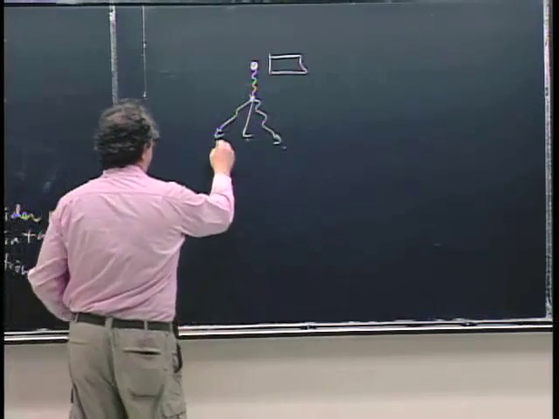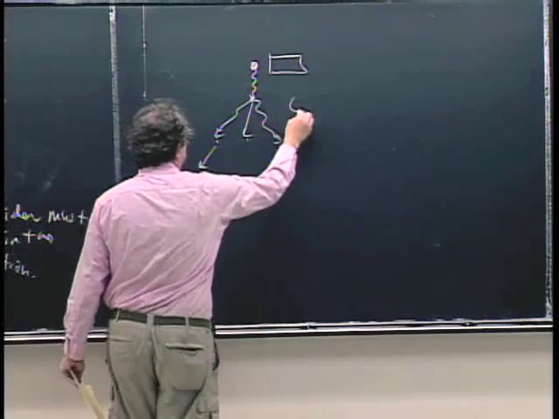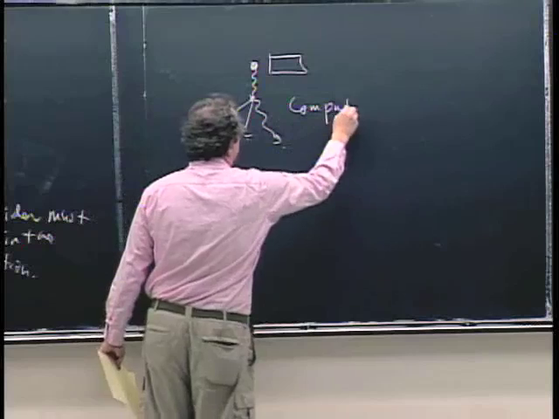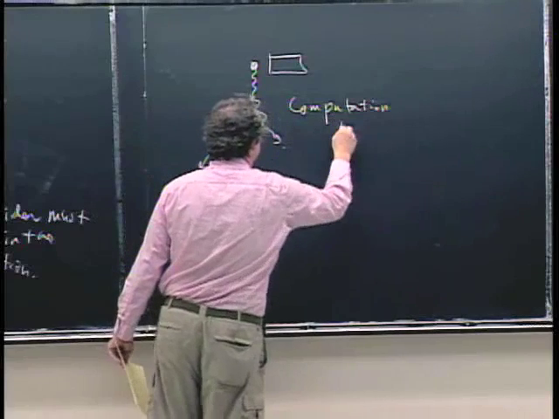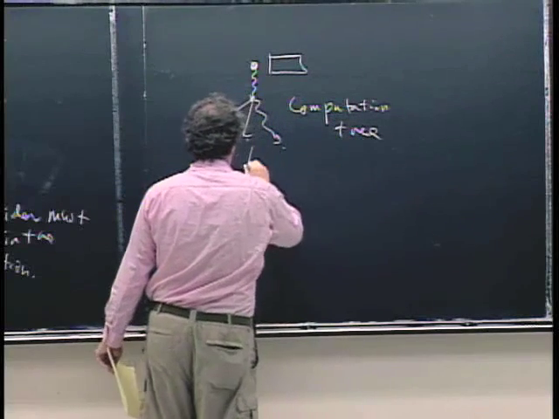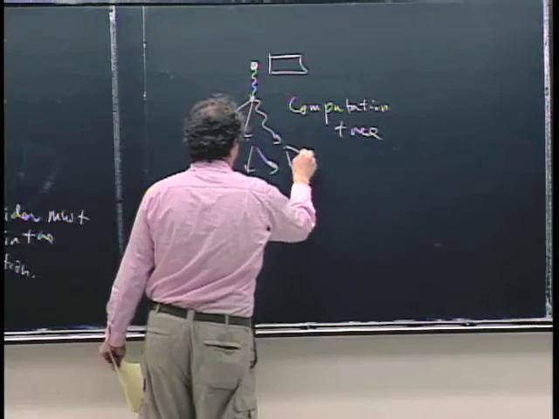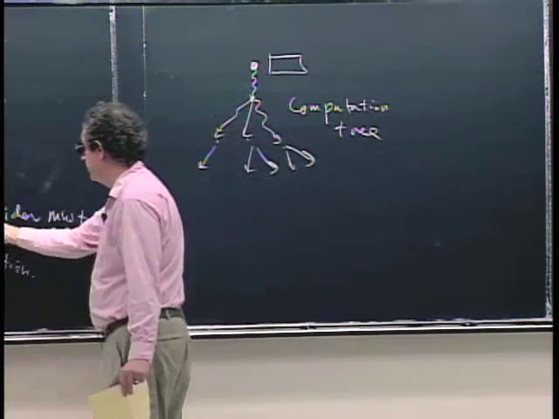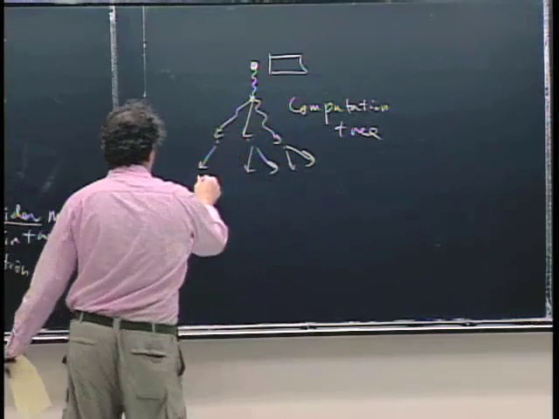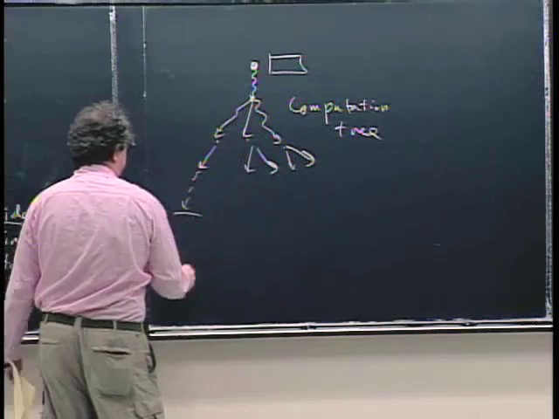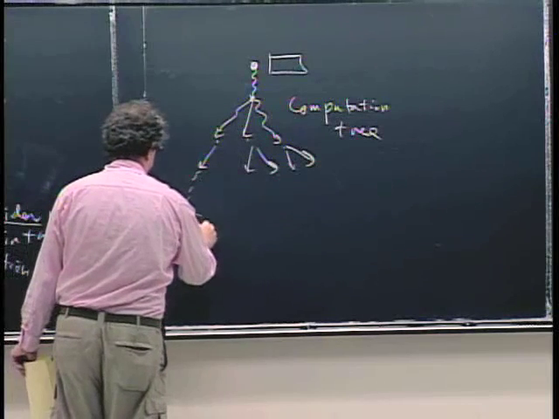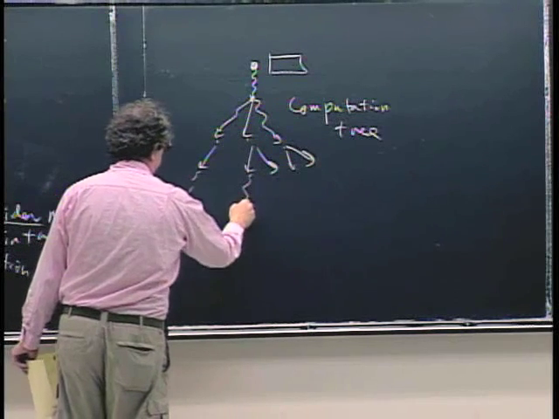And so this computation looks like a tree, and if the non-deterministic Turing machine is a decider, every one of these paths has to actually halt. So it ends up with a reject or an accept.